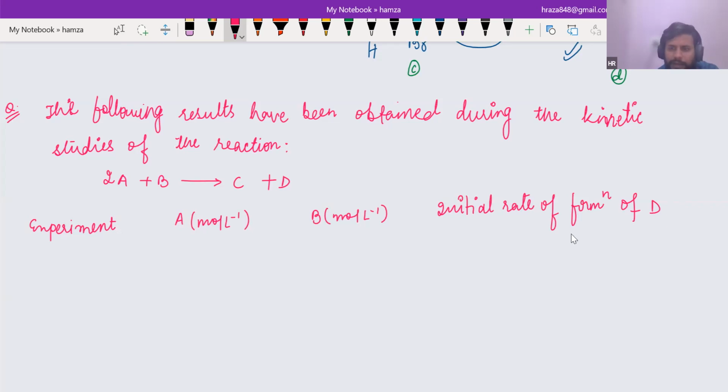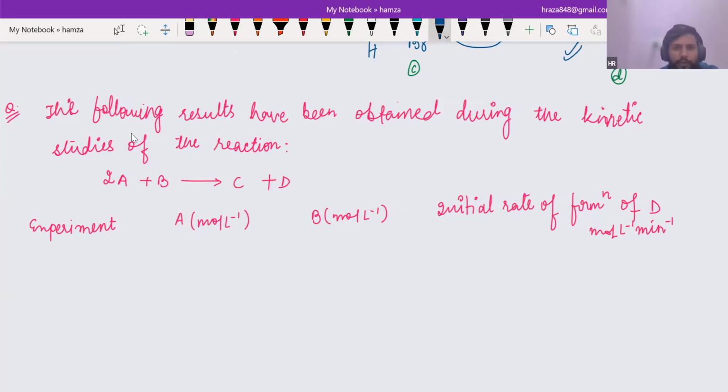Formation of D is in mole per liter per minute. Actually, in rate law expression, we don't deal with the concentration of reactant. We deal with the rate.